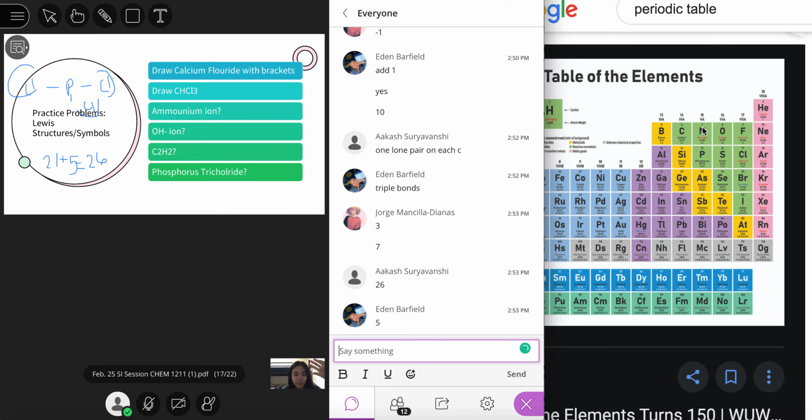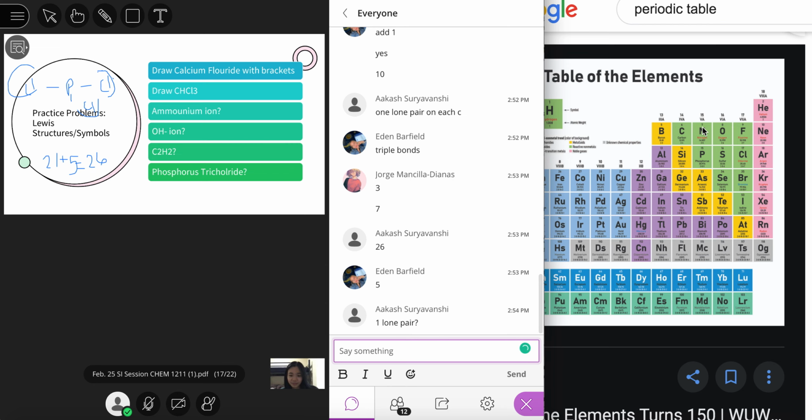Lone pairs can also be used this way. What would be added on top of phosphorus? One lone pair, exactly.